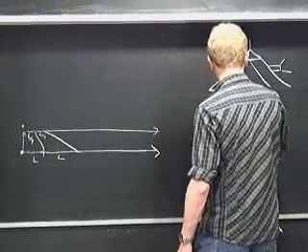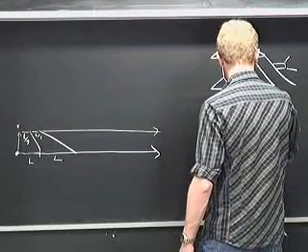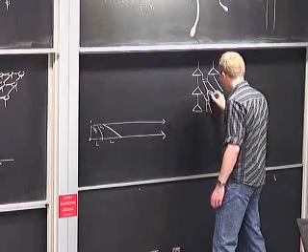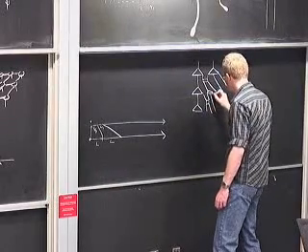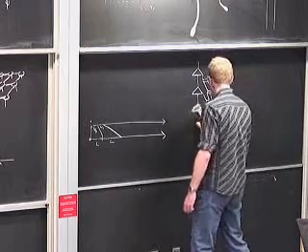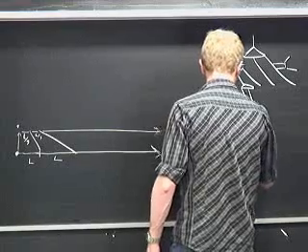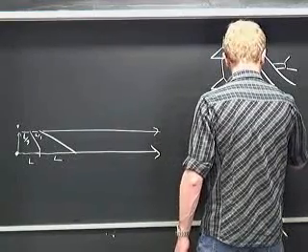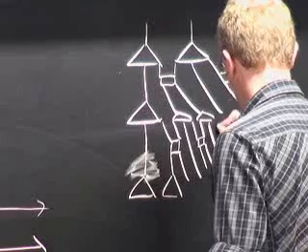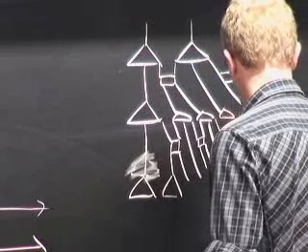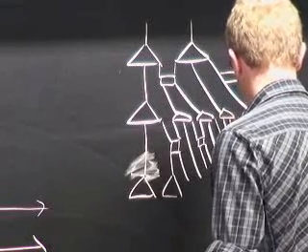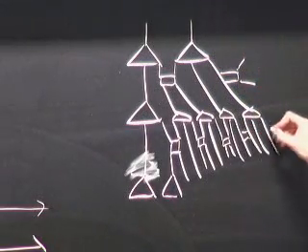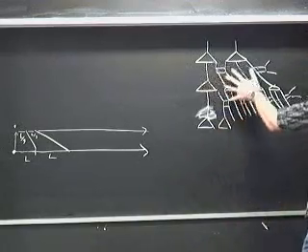So to give you a better idea of what I mean, we're going to have something like this. Hopefully what you can see here is that I've drawn an ordinary mirror at something of a slant.